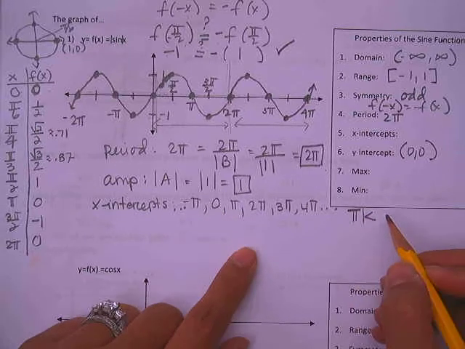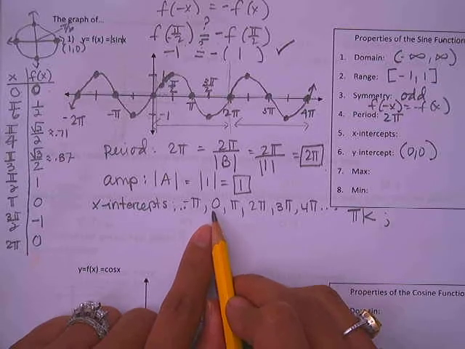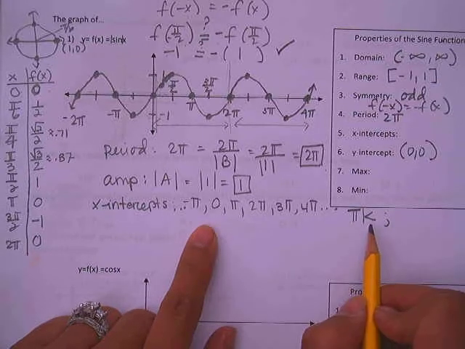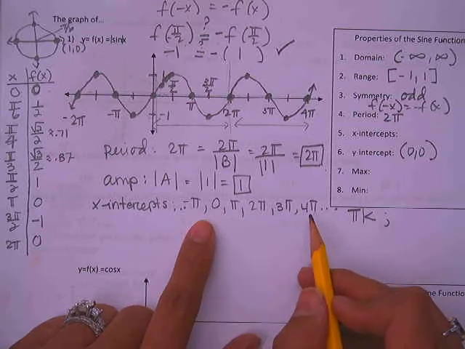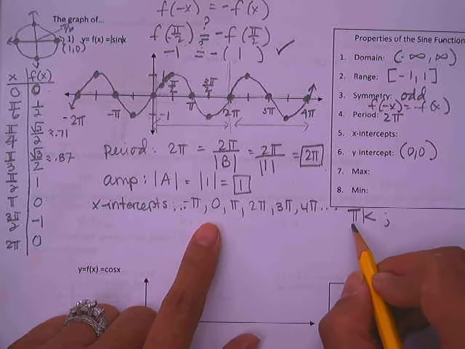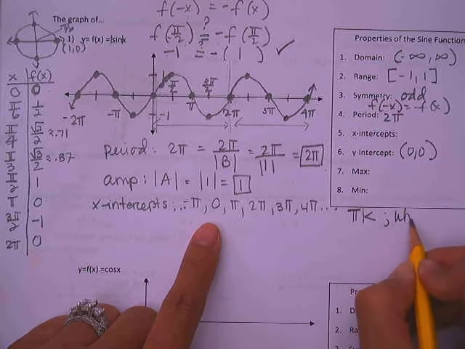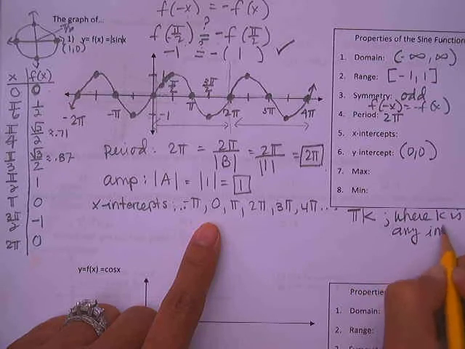What on earth is k? Well, k can be any integer. K can be 0. Integers are negative or positive whole numbers, including 0. So I can say the x-intercept is pi k, where k is any integer.